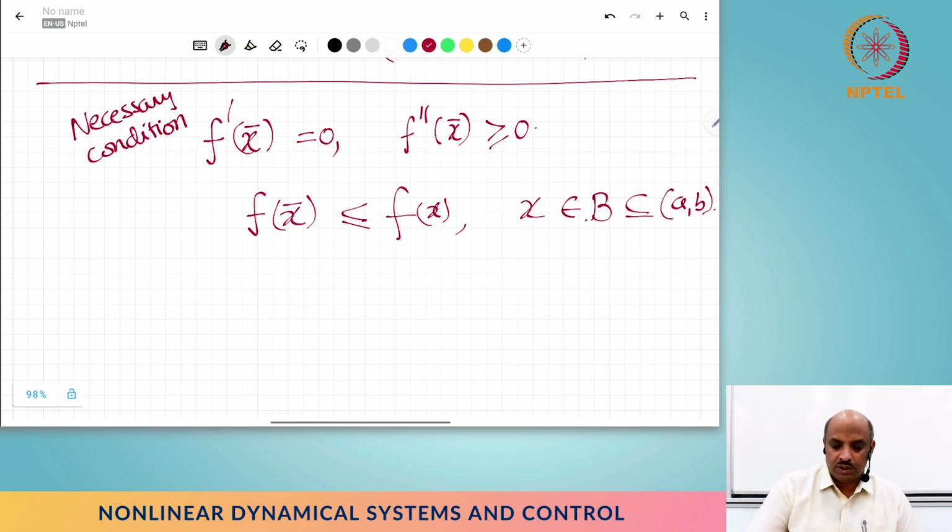If it is true over the entire space, then we call that a global minimum. We already used that terminology while discussing convex functions. Okay, so I'm going to be a little bit loose here, and we use the Taylor series expansion, let's say something like this.